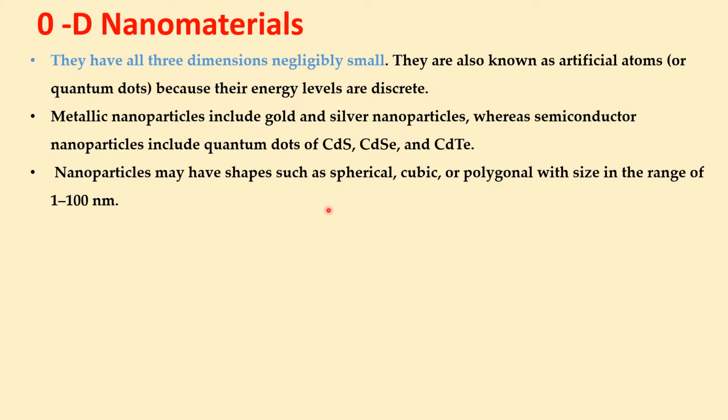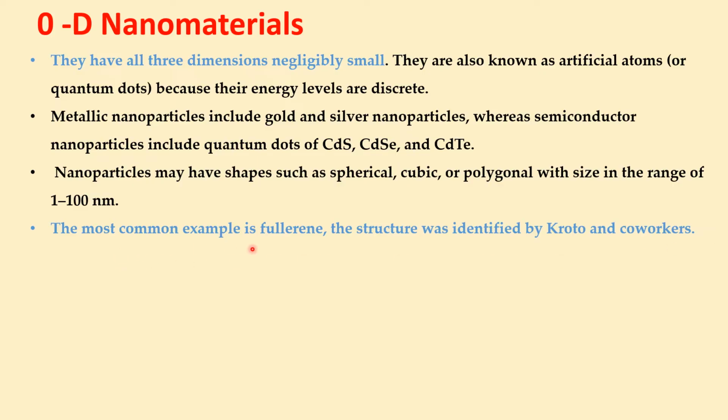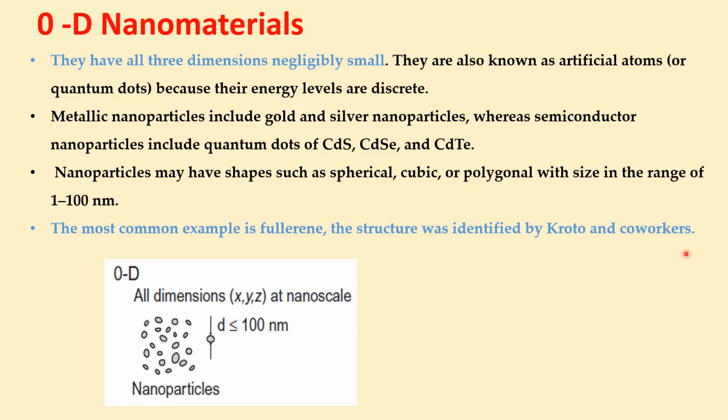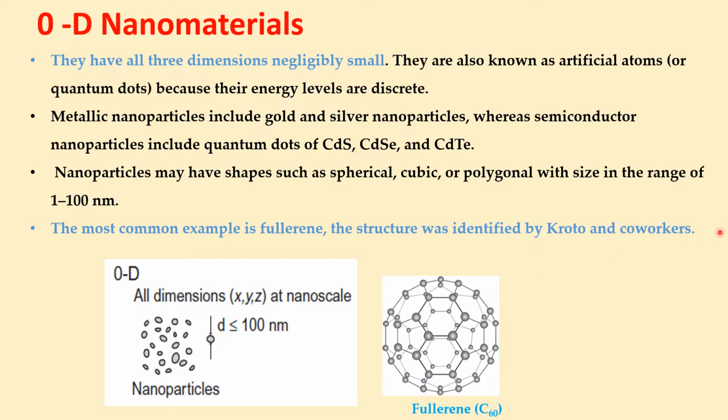Also the nanoparticles may have any kind of shape, spherical, cubic or any polygon shape, and they should have the size in the range 1 to 100 nanometer. And the most common example is fullerene, which is also made of carbon, and this structure was identified by Kroto and co-workers. 0 dimension means we can say that it is a small dot or any such kind of shape which has very small dimension in all the 3 dimensions.